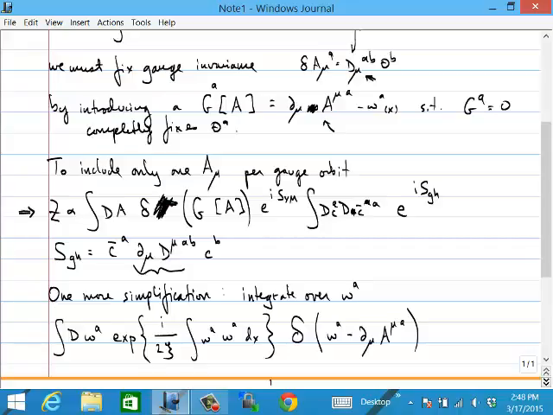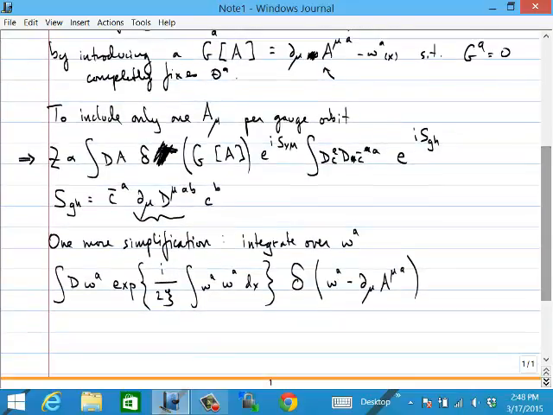I could have chosen any measure factor I like. I'm just going to choose this one, and I have introduced a parameter that I've called psi here that labels different choices of measure factor, and at the end of the day the answer is going to be independent of psi. And when you do this integral, what do you get?